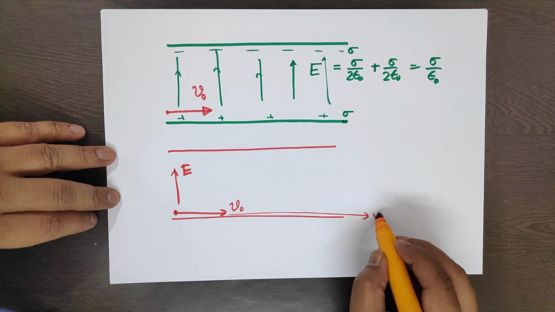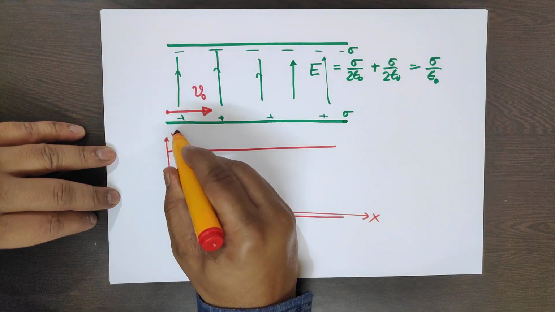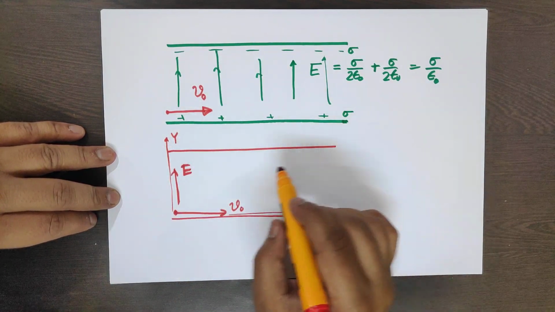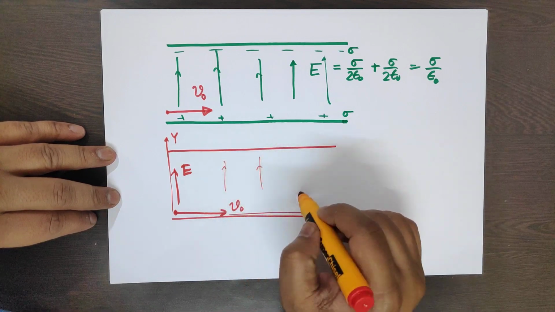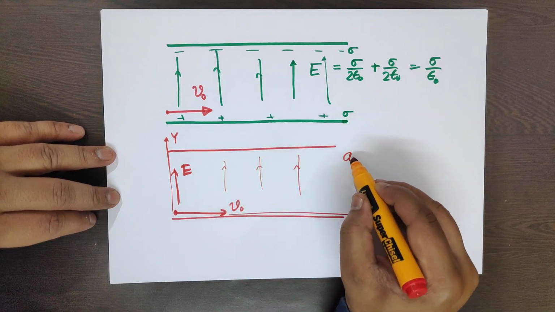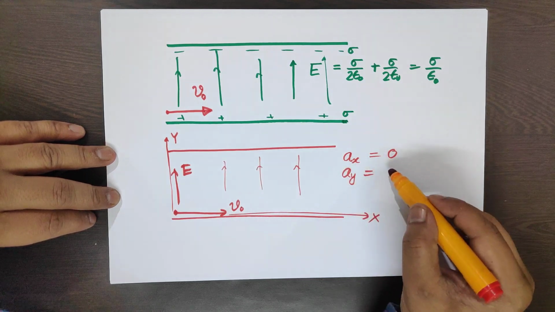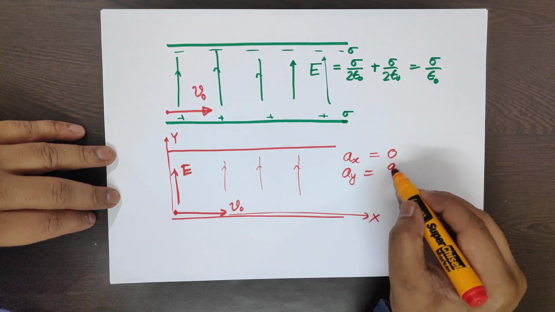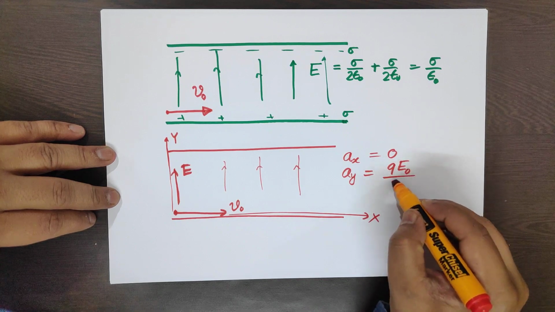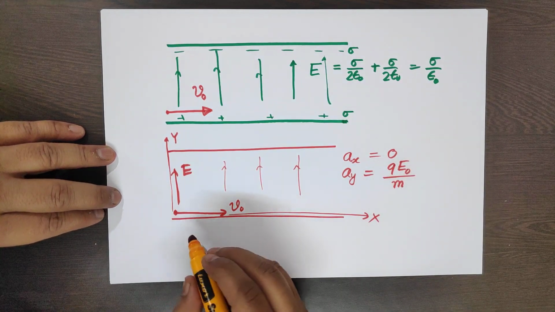Let's suppose this is the x axis, this one is the y axis, so acceleration in the x axis is 0 and acceleration in the y axis is, suppose the charge is q, qE by m, m being the mass of that particle.